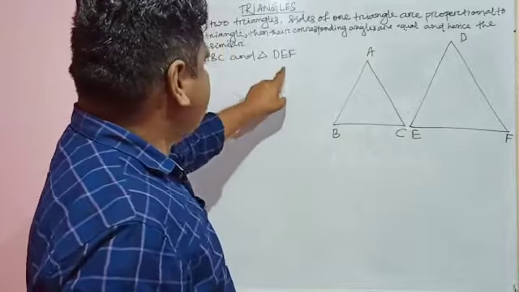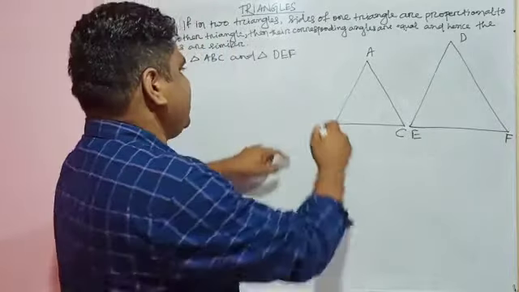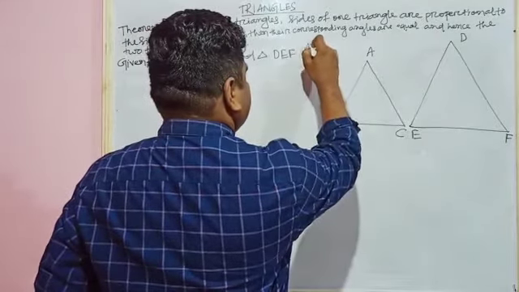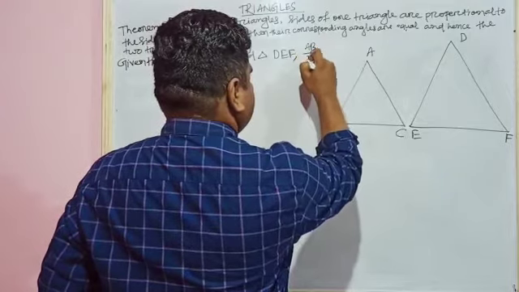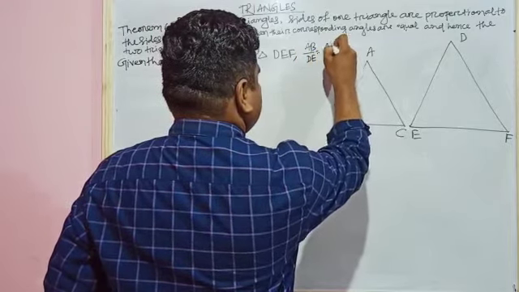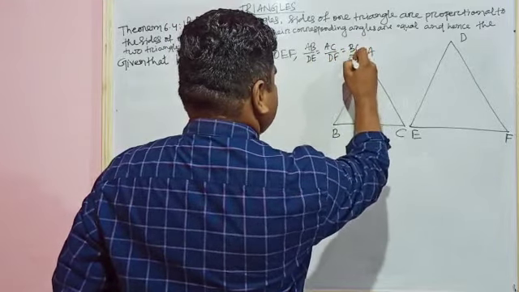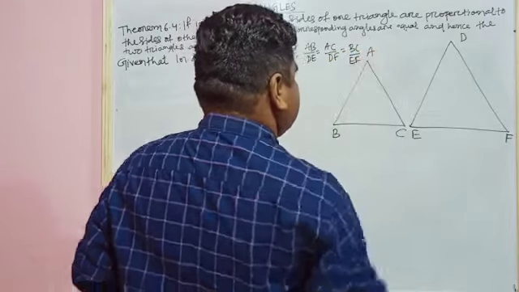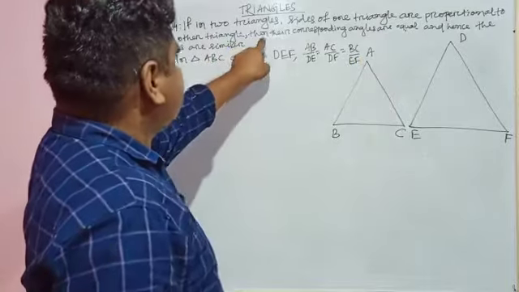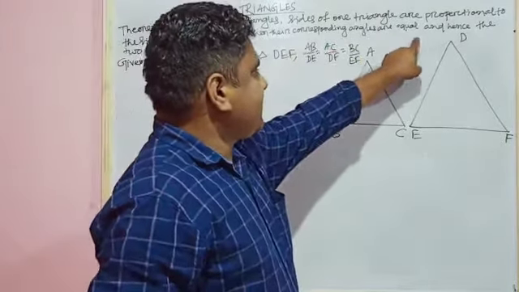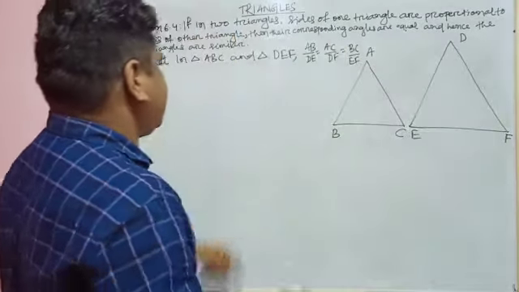So in triangle ABC and triangle DEF, AB by DE is equal to AC by DF is equal to BC by EF. It is given. We need to prove that their corresponding angles are equal and hence the two triangles are similar.